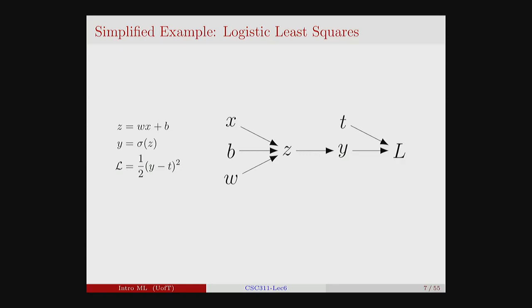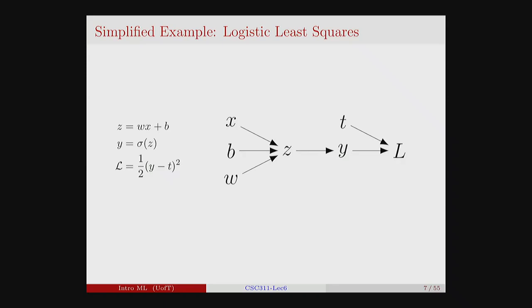Remember, this is not how we actually do binary classification, but we're going to study this in the context of learning backpropagation because it's a very simple model, and the gradients are nice and easy to look at, which makes it easier to understand what backprop is doing.